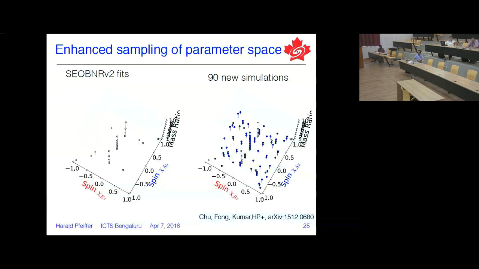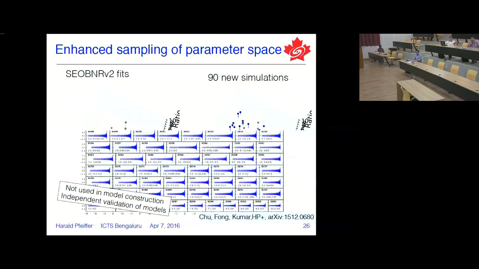With this quite large new set of simulations, shown as the blue circles on the right-hand panel of slide 25, we can now go on and test the existing waveform models and subsequently construct better ones.